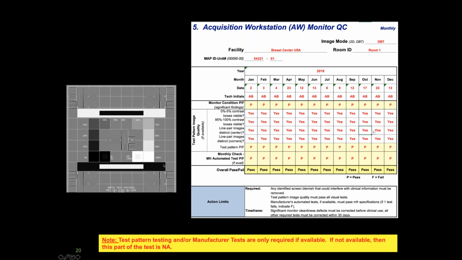So we have added a test pattern test for those monitors. If you do not have that type of monitor, the only thing you have to do is a monitor condition check, which is basically make sure the monitor is clean and there's no scratches. So in this example, if you don't have the availability to do a test pattern, you just check that the monitor is clean and there's no scratches. And you do that once a month.